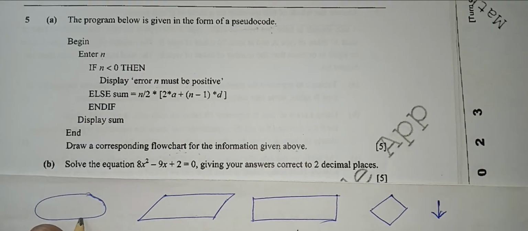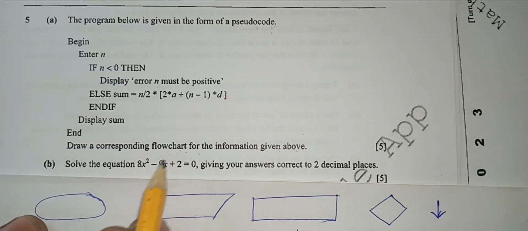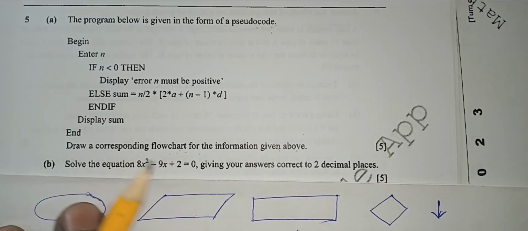The first one is the oval shape. The oval is used as the starter symbol under flowcharts. So we can use it as we try to start or begin our activity. And similarly, we can use it to end or stop our activity. That is about the oval shape.